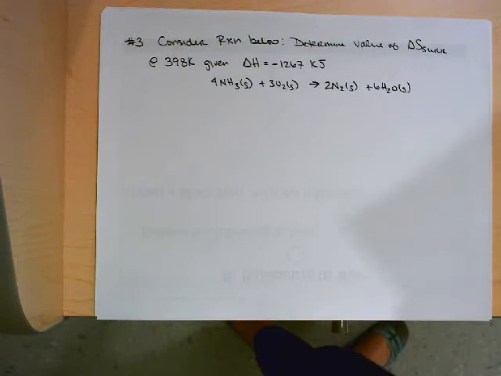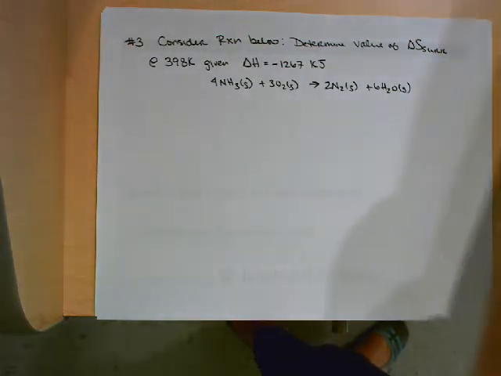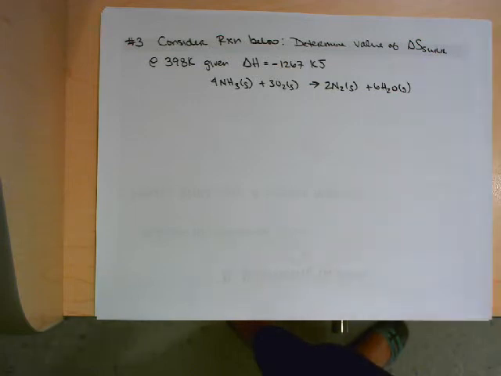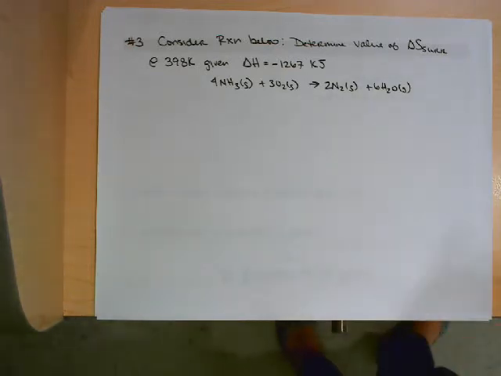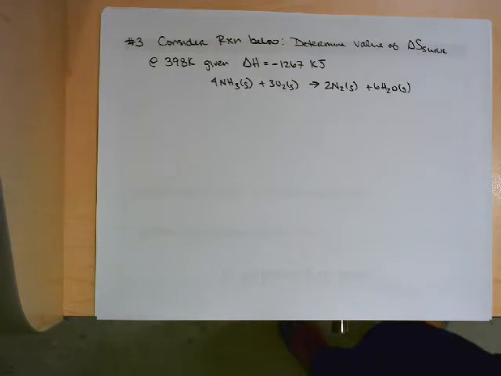Alright, so the first question, number 3, says, consider the reaction below. Determine the value of delta S of the surroundings, given that delta H is negative 1267 kilojoules, and the temperature given is 398 Kelvin.